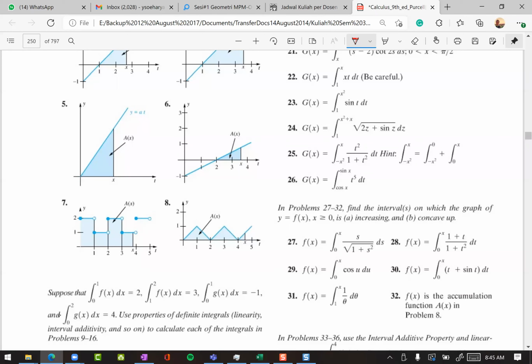Okay, so you see, t to the fifth is continuous. It's because it's a polynomial. The problem is the lower and upper bound. Okay, because the lower bound is now a function and the upper bound is also a function.